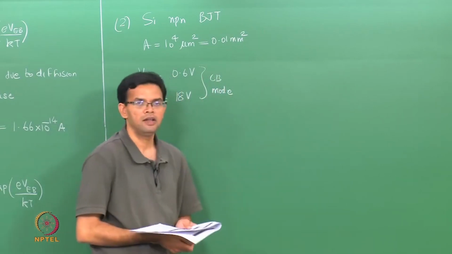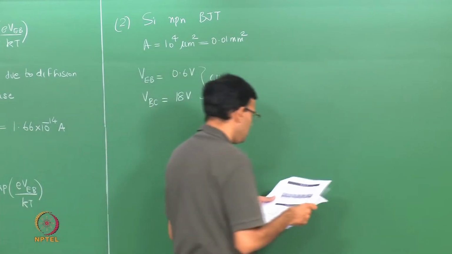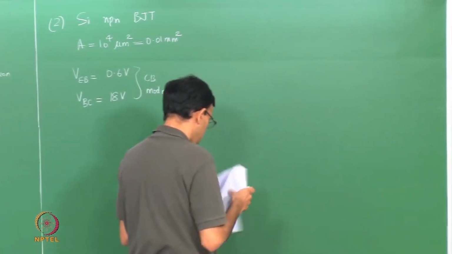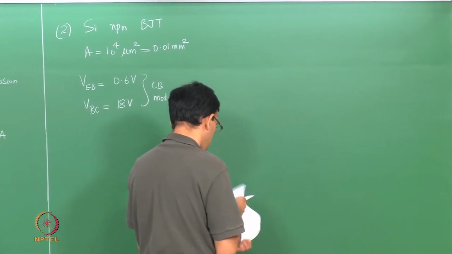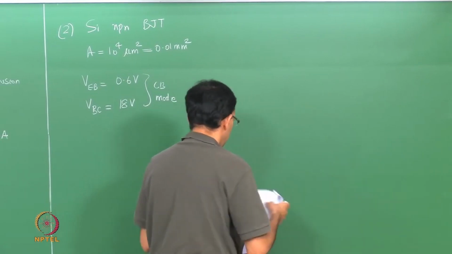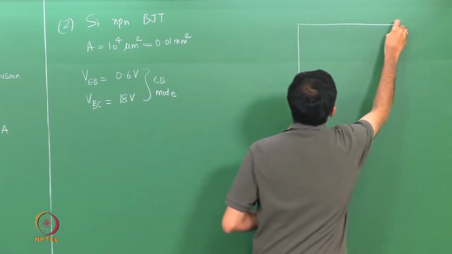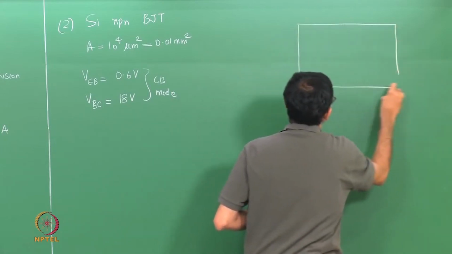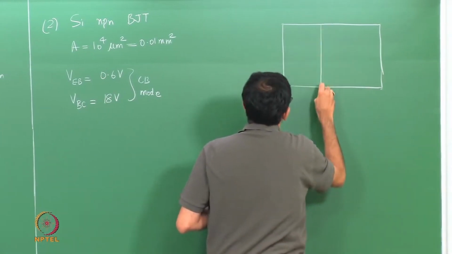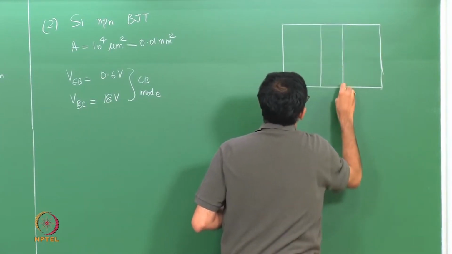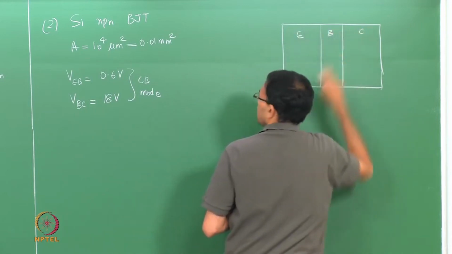We can go ahead and draw the schematic for this bipolar junction transistor as well. So, we have three regions: an emitter, a base and a collector.